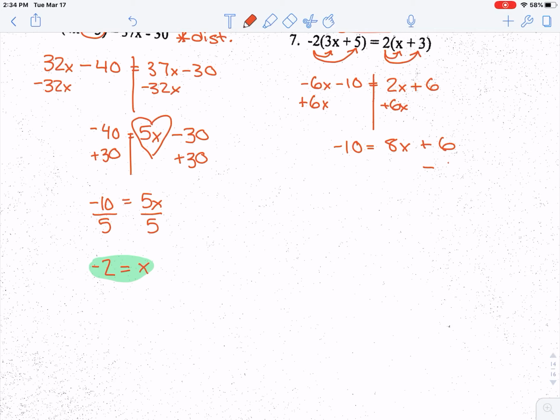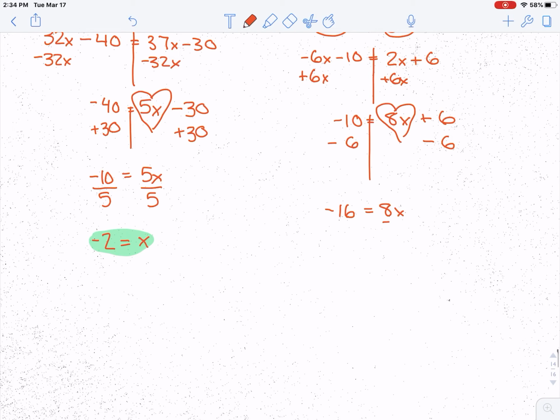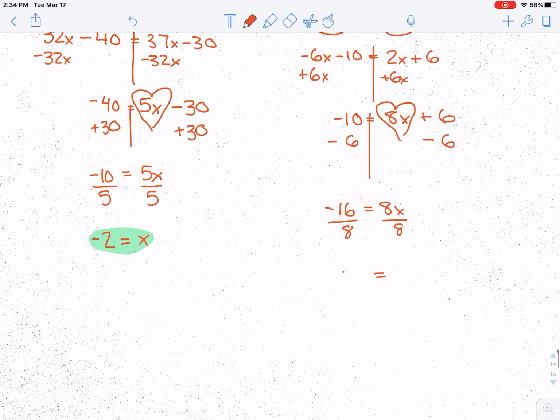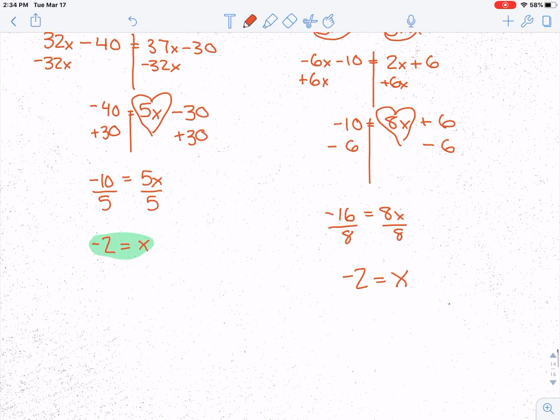And if I go ahead and subtract my 6 over to both sides, since that 8x has to stay together, I get negative 16 is equal to 8x. And finally, to solve for x, I'm going to divide both sides by 8 here. And negative 16 divided by 8 gives me negative 2. And I do get my x to be negative 2.